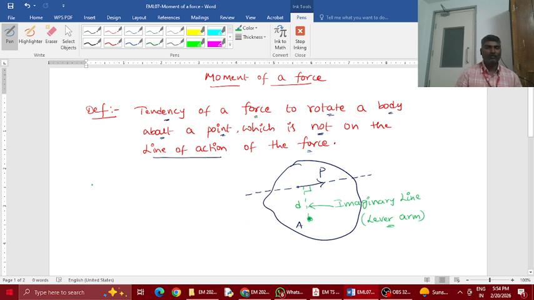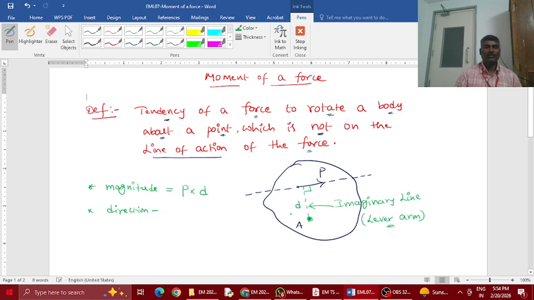Okay. Now the characteristics. Okay. So the moment of a force has got first characteristics, okay, as magnitude. So magnitude is equal to the force. We have defined it as P here. So it is simply P multiplied by the perpendicular distance. Okay. The second one is the direction.